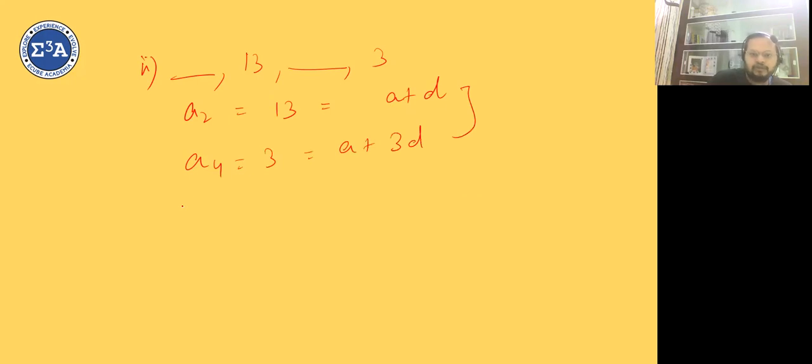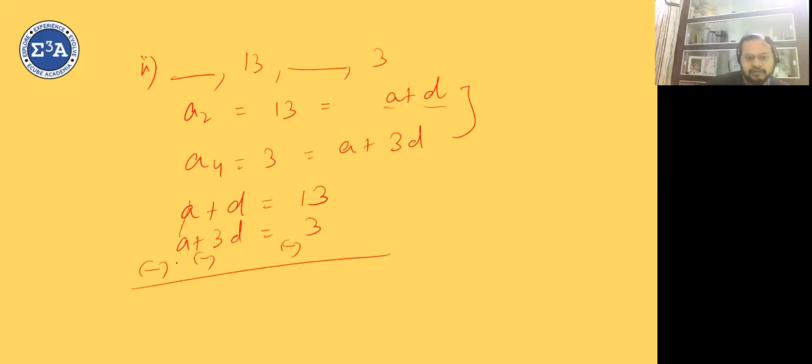Two equations, two unknowns. We know how to find it out. a plus d is equal to 13. a plus 3d is equal to 3. We will subtract. d minus 3d, minus 2d is equal to 10, which implies that d is equal to minus 5. So d has come minus 5.